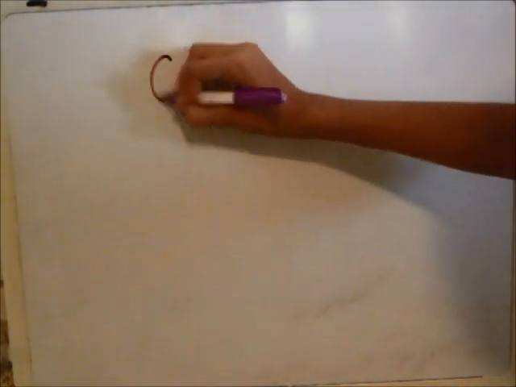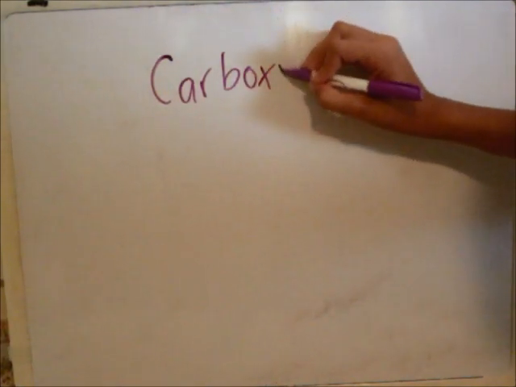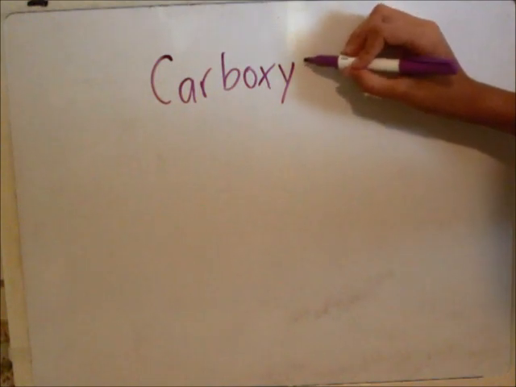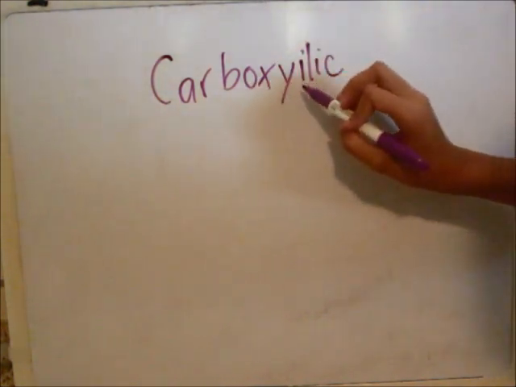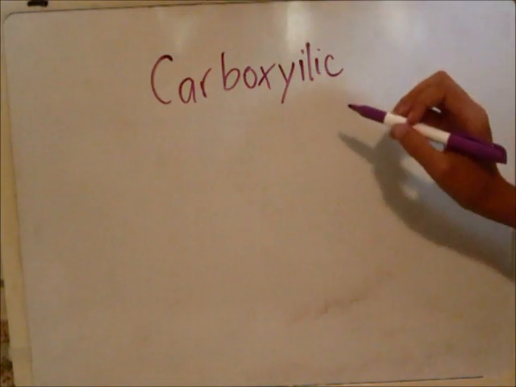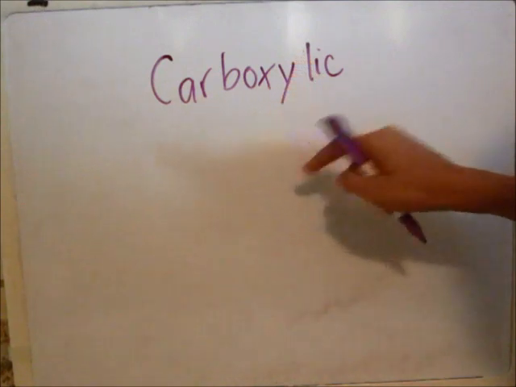What comes after ketones? Carboxylic acid. It's kind of like a mix between an aldehyde and an alcohol. Carboxylic. Did I spell that right? No, I did not. There we go.